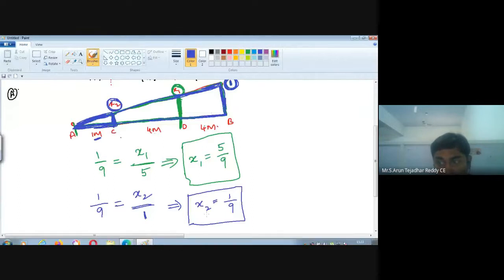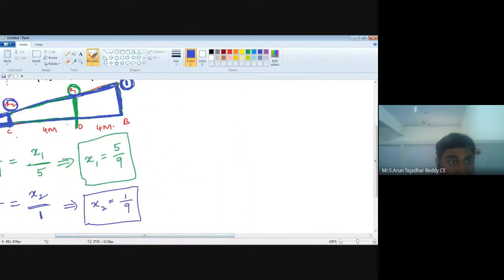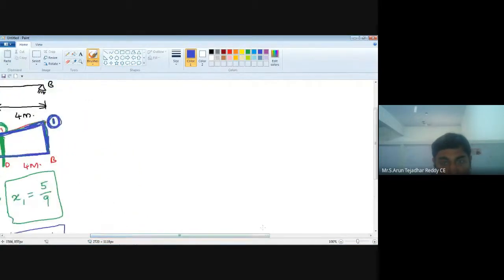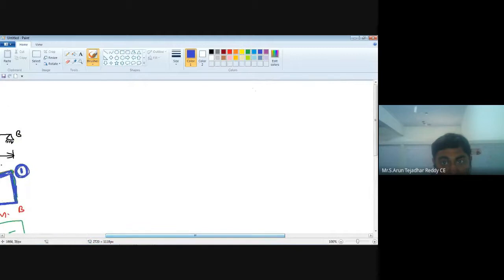Okay, so indicate the same values in place of x1 and x2.